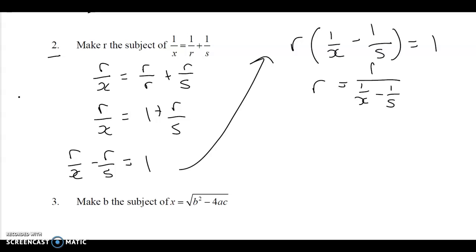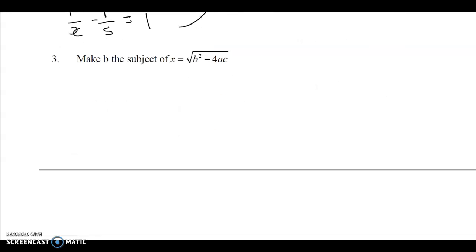Question 3. Make b the subject. We can square both sides. We're going to get x squared equals b squared minus 4ac. We're now going to plus 4ac to both sides. So we get x squared plus 4ac equals b squared.